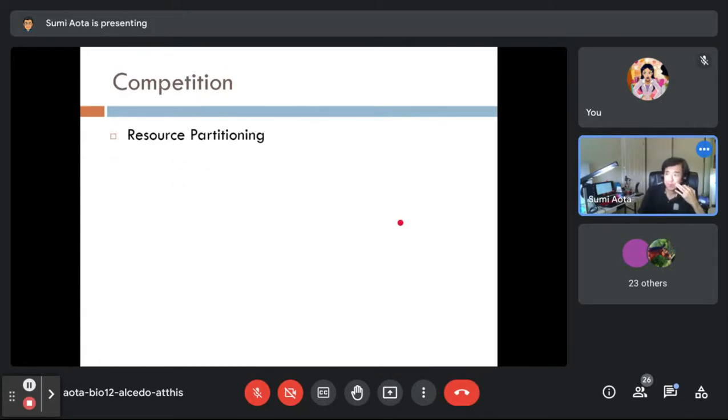Okay. So the result of competition past can be one of two things. You can call both resource partitioning and character displacement as the results of competitive exclusion.